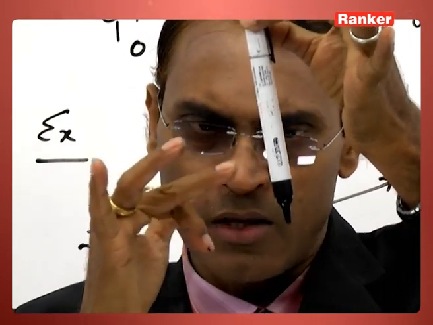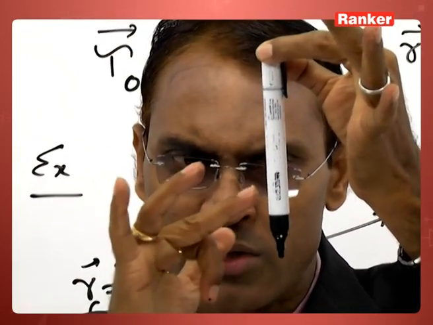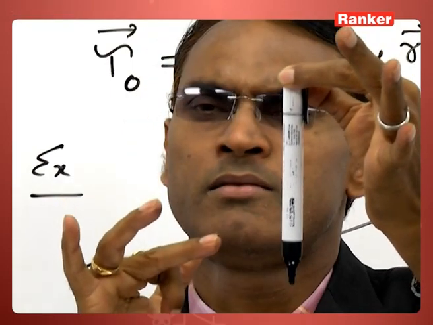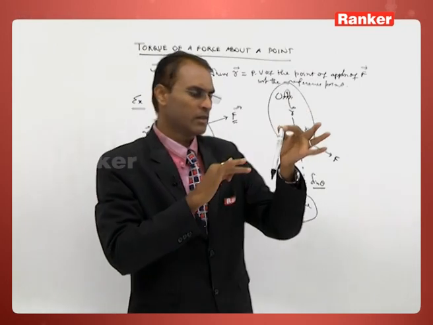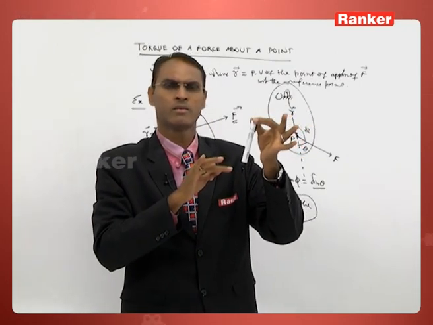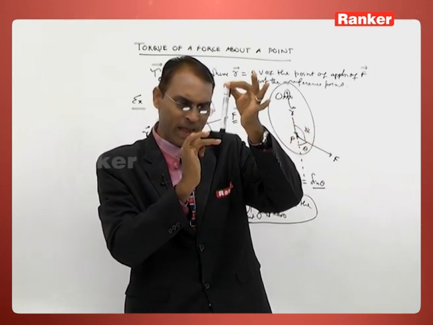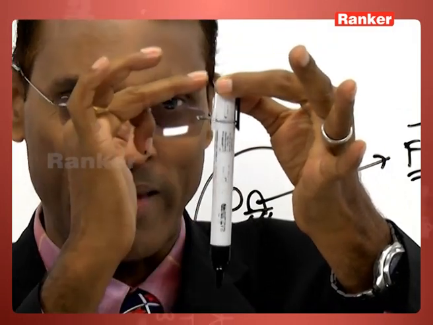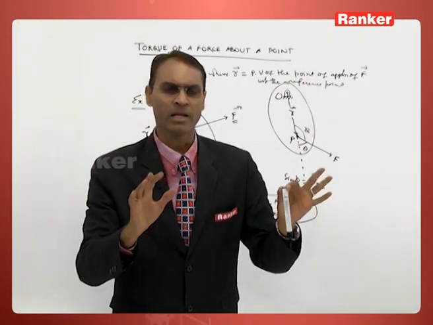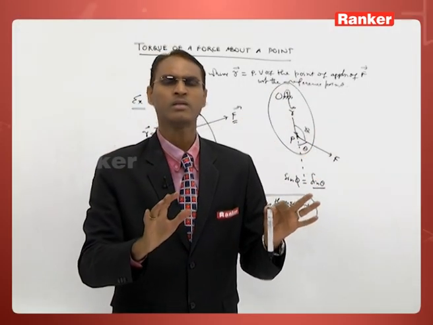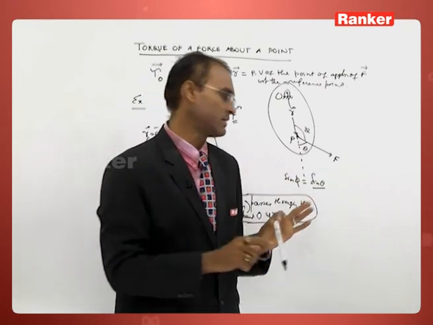And always you have to make the finger or the line of application of the force normal to the pen. So theta should be 90 degrees. The force should be as much as possible. And the point of application of the force should be as far as possible from the pivot. Then only you can rotate the pivot in the most effective way or in the easiest manner.